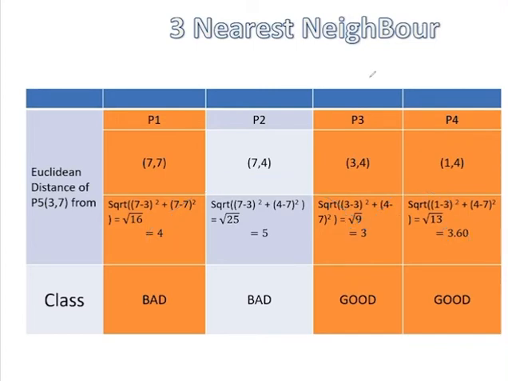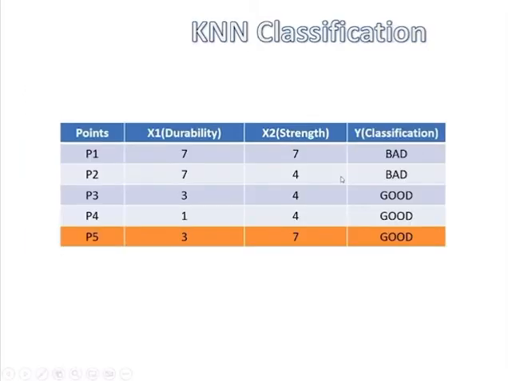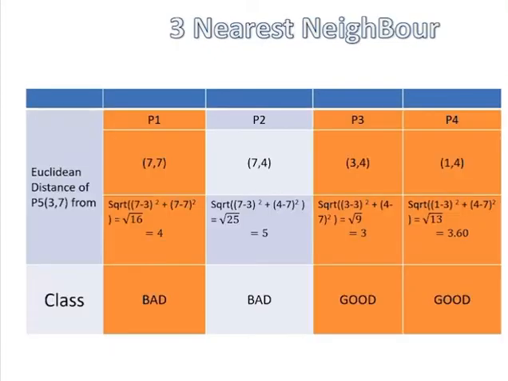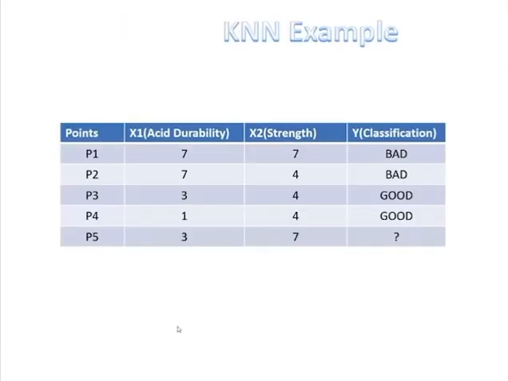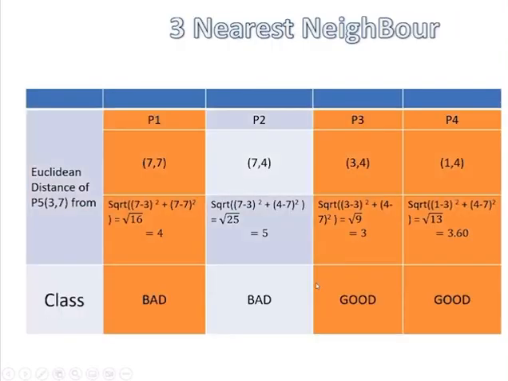Now if that is the case, I will be able to predict for this one here whether it's going to be good or bad. I'm going to look at the 3 neighbors and base it on probability. How many of these 3 nearest neighbors are good and how many are bad? When you take a look at this, good is 2 out of 3, right?